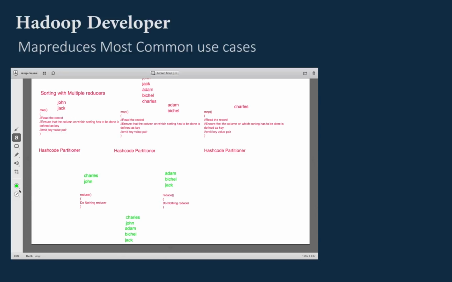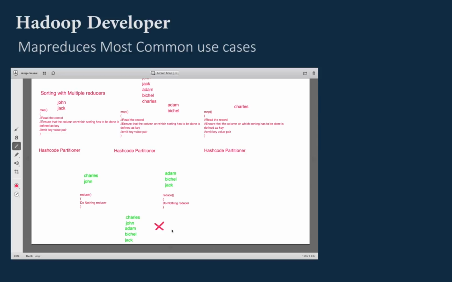Because the partitioner worked on hash code partitioning and decided to send Charles and John to reducer 1, which is in sorted order, and Adam, Bishil and Jack to reducer 2, which is again sorted.